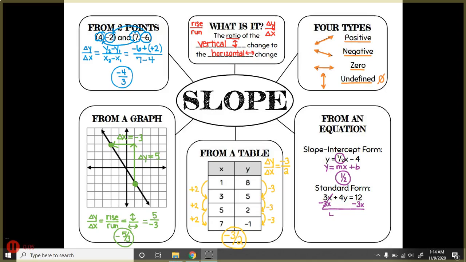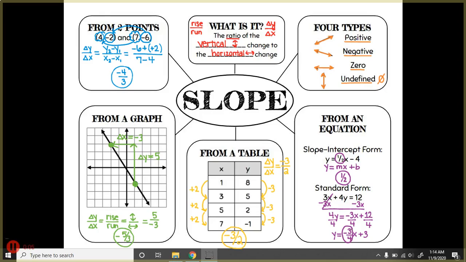So I'm left with 4y equals -3x plus 12. And then I would divide everything by 4. And so I would get y equals -3/4 x plus 3.